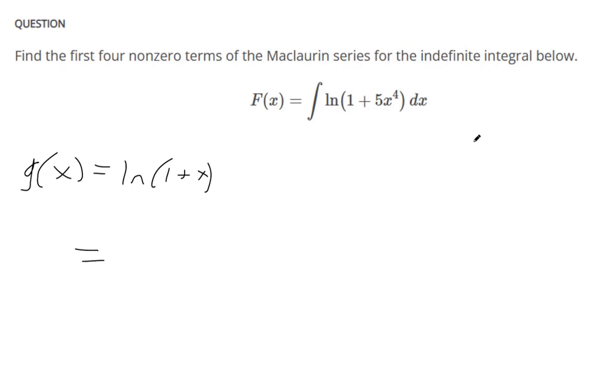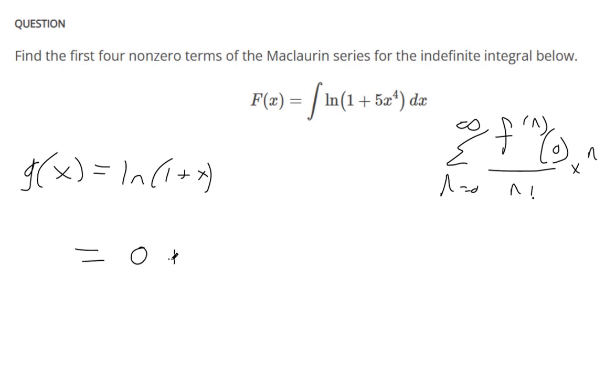So let's go through the process of the Maclaurin series. It's a sum from n equals 0 to infinity of the nth derivative at 0, over n factorial, times x to the nth power. The first term: if I plug 0 into the function, natural log of 1 is 0, so the first term is 0.